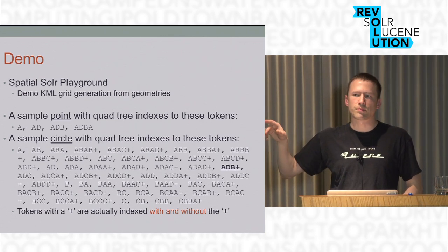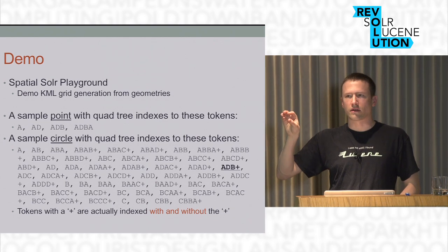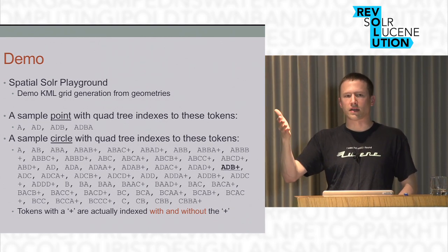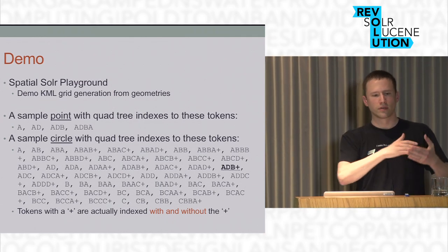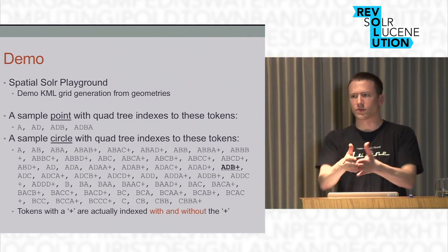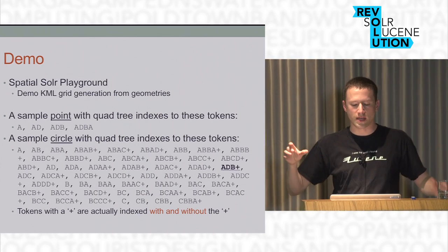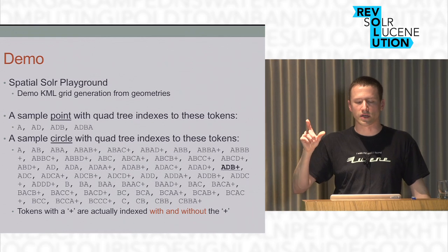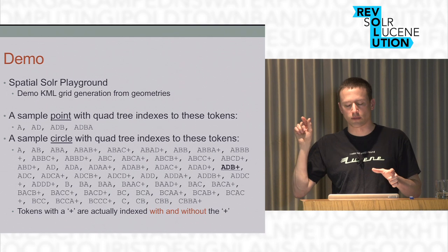If you're indexing shapes, I add a token at the end to indicate that the shape ends at that spot in the grid. So I need to know when the shape ends. For a point, it's a non-issue. It always goes down to the bottom. But for a shape, you need to know when it stops. In other words, if there's that big cell in the middle of France, how do you know that there are no shapes beneath it? So there needs to be a little plus right there.